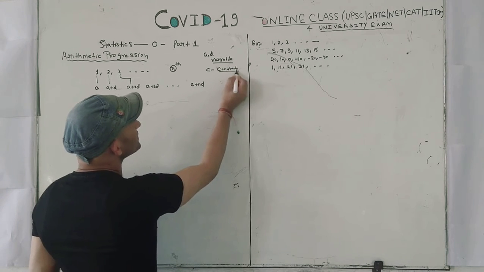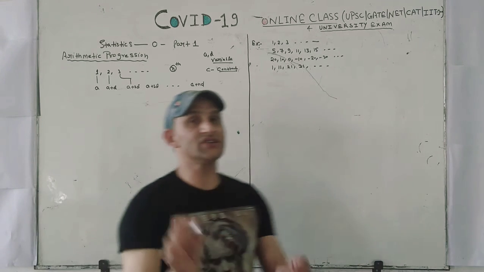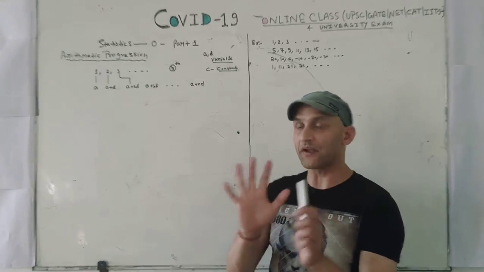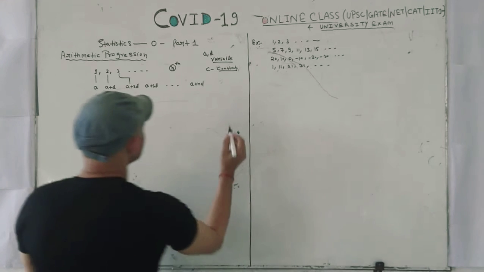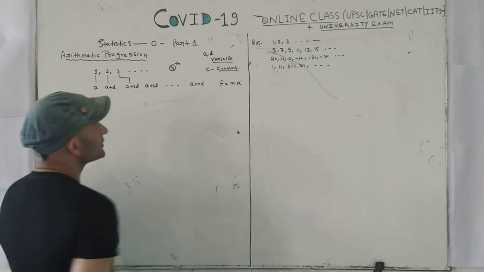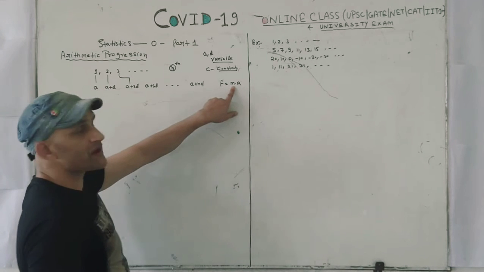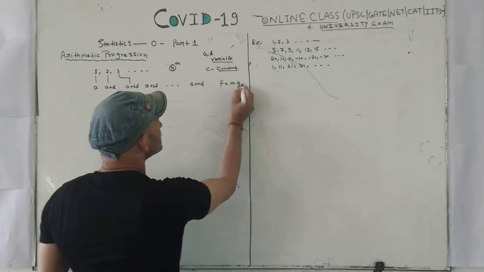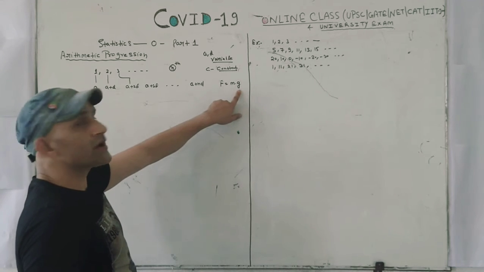Constant means fixed value. If I put c equal to 5, then every time c will be fixed. The best example is F equals m into g. Here m is the variable, and g is the constant.